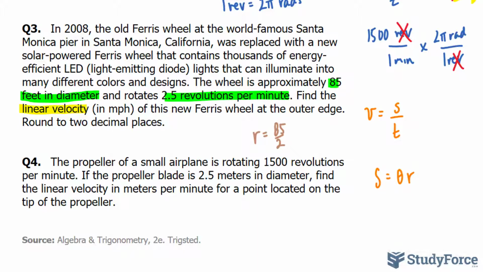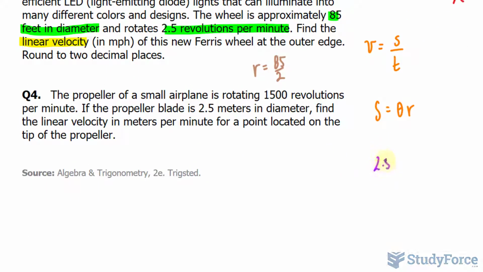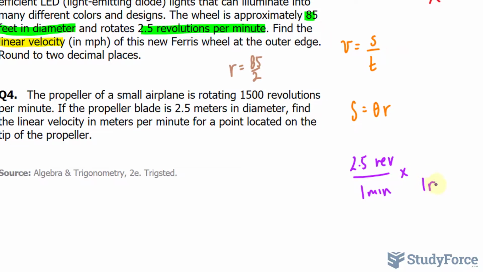What I'll do is convert 2.5 revolutions per minute. Let me write that down. Revs per 1 minute into radians. So I'll convert this by multiplying it by 1 revolution gives us 2 pi radians. This will cancel out with that, and we end up with a theta value that is 2.5 times 2 times pi radians per 1 minute.